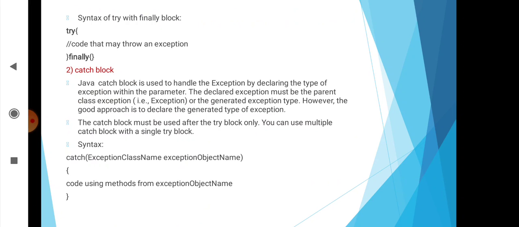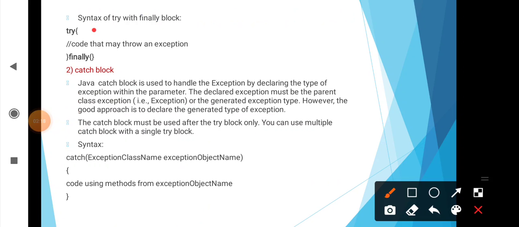Then the syntax of try with finally block: try, code that may throw the exception, then closing try, then finally with opening and closing brackets.